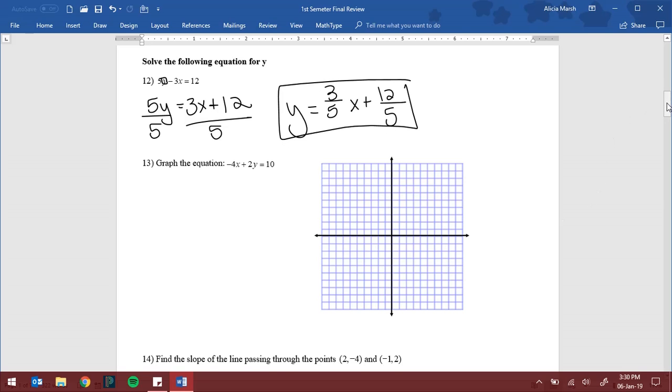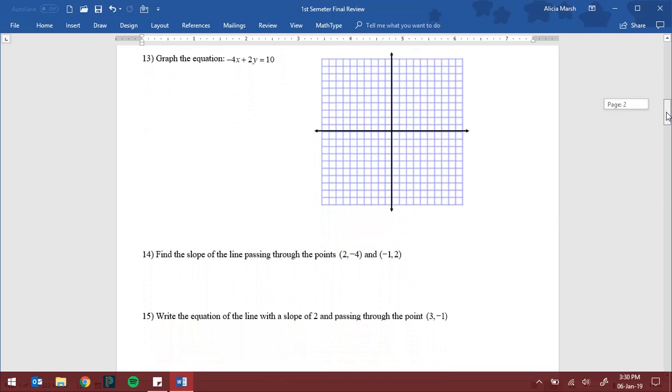Now this one says I gotta graph the equation. Probably want it in y equals form, right? So I'm gonna add 4x to both sides. So 2y equals 4x plus 10. Divide by 2. So this is my y-intercept.